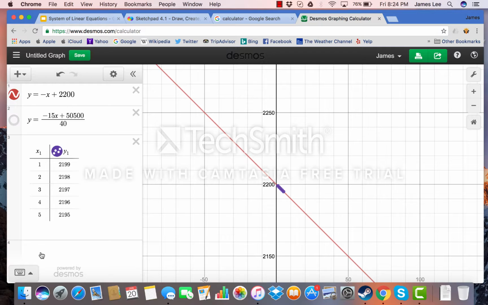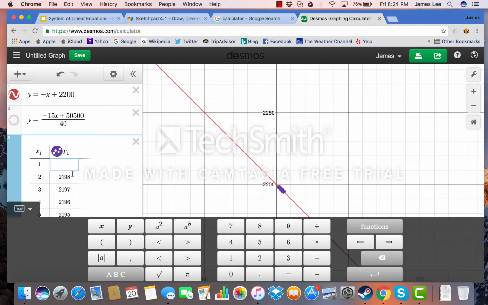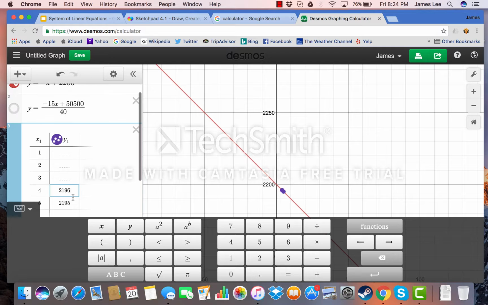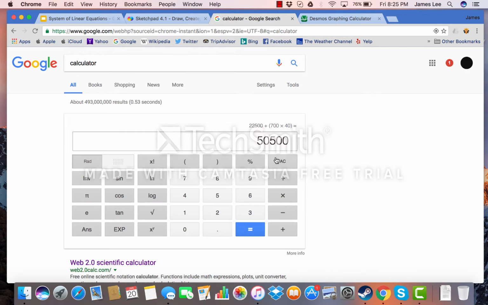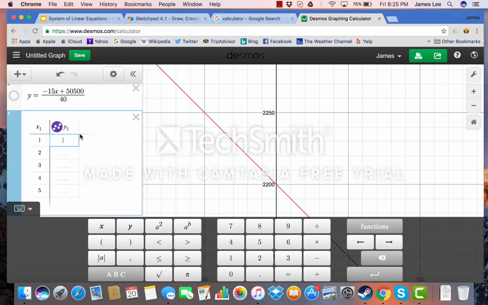Same thing for the second equation. If we get rid of the y's and keep the x's the same, we can do negative 15 plus 50,500 divided by 40, which roughly equals 1,262.125.